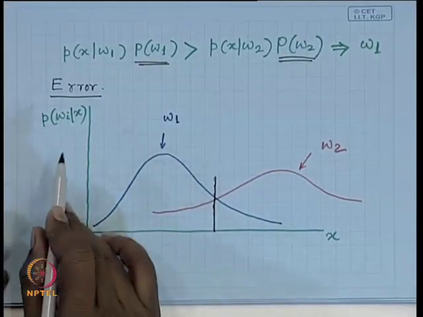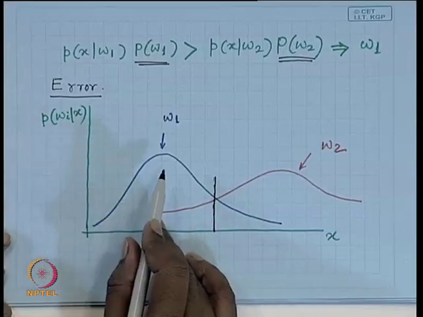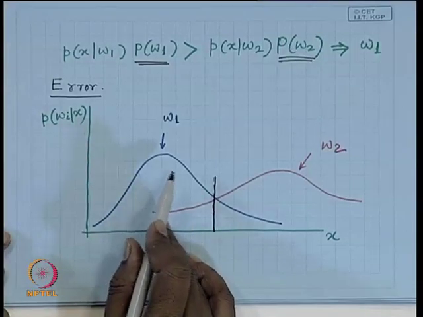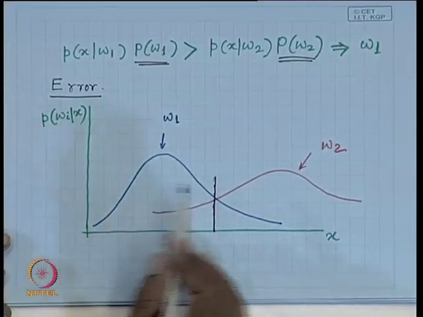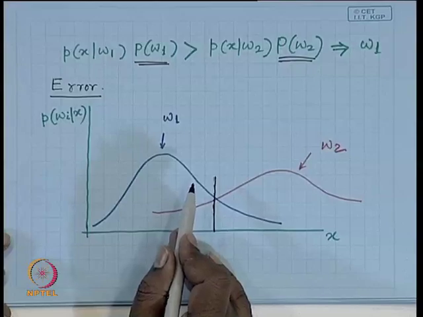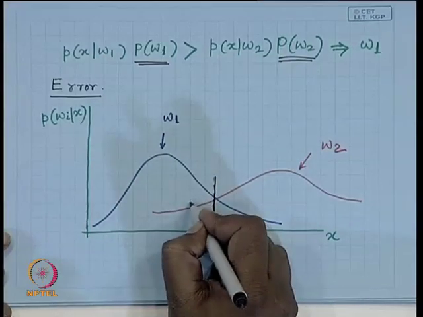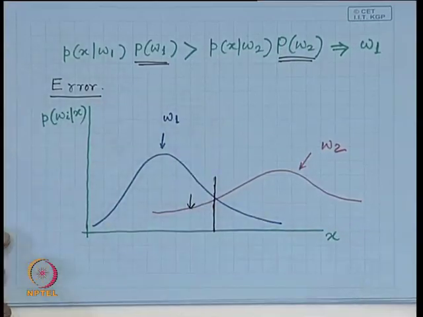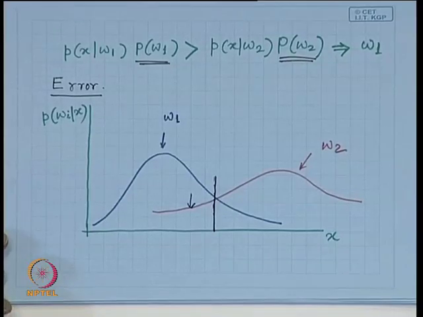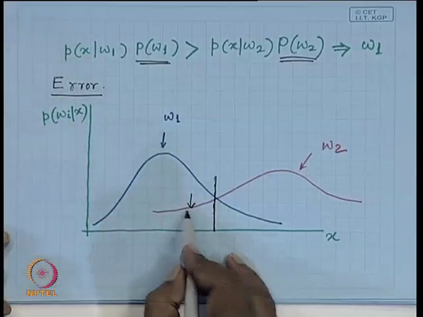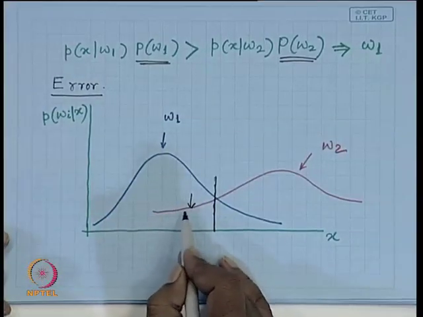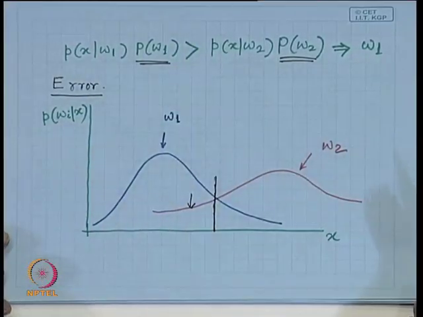But still you find that for a given x, if I decide in favor of omega 1, there is a finite probability that the object may belong to class omega 2. Okay. Because here p of omega 2 given x is non-zero. If it was 0, then I would have said that there is no error, but there is a non-zero probability that the object may belong to class omega 2.